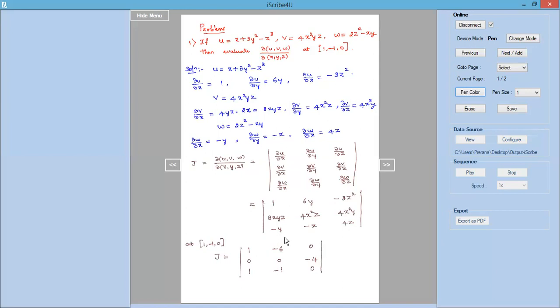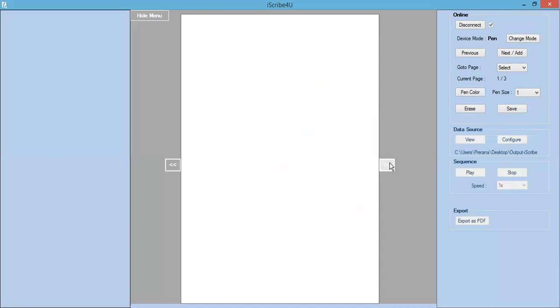Now we need to expand this 3 cross 3 determinant. On expansion of the determinant, we obtain J is equal to 1 into (0 minus 4) plus 6 into (0 plus 4), and the last term is 0, multiplied by anything gives us 0 itself.